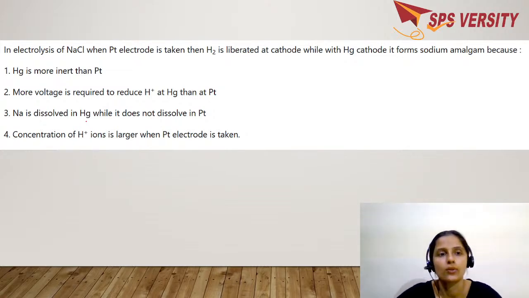In electrolysis of sodium chloride with platinum electrode, hydrogen is liberated at the cathode. With mercury cathode, it forms sodium amalgam because... You have to find the answer for this.